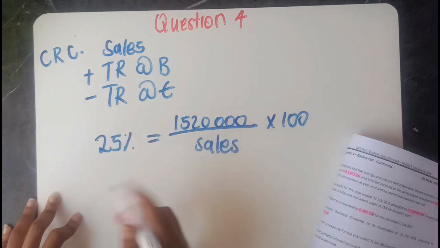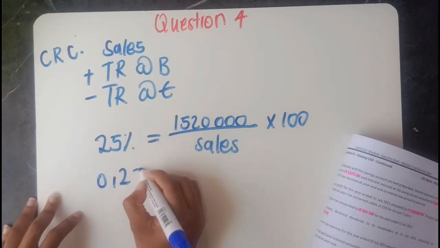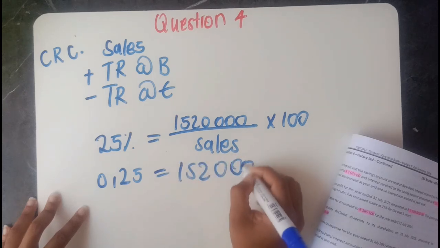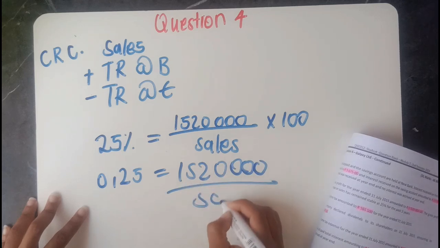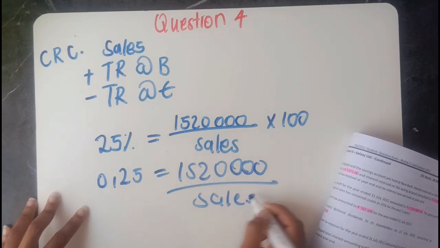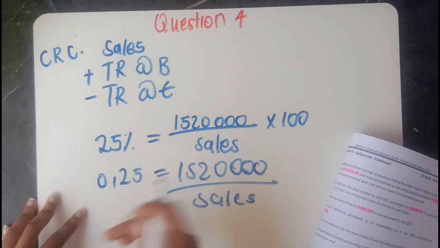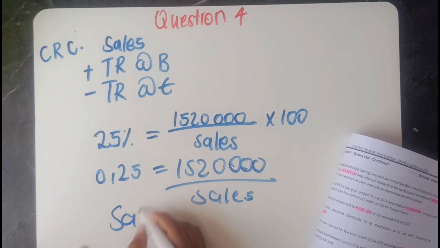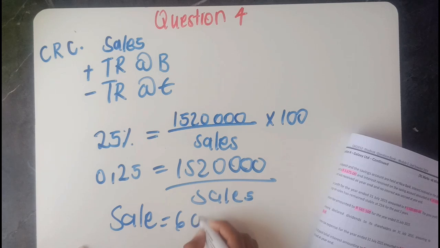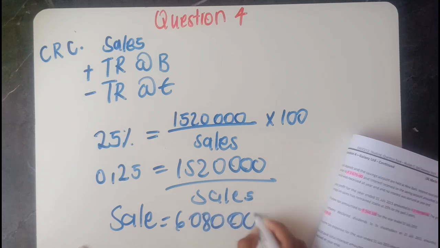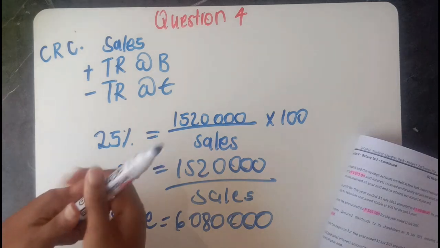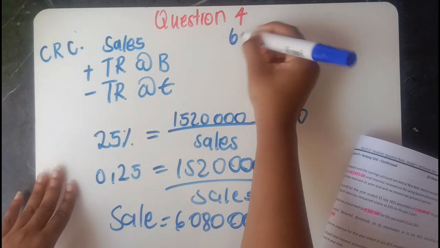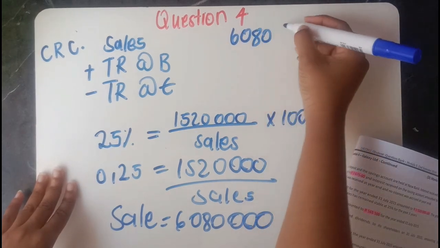Then obviously these will cancel and you'll have 0.25, which equals 1520 all over sales. And then you cross multiply, solve, and you should get that sales should be equal to 6080. Right. So now you have your sales amount, which is 6080.